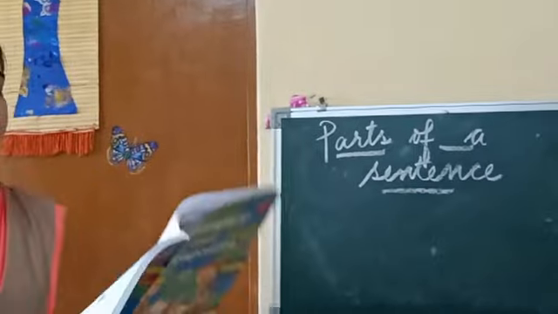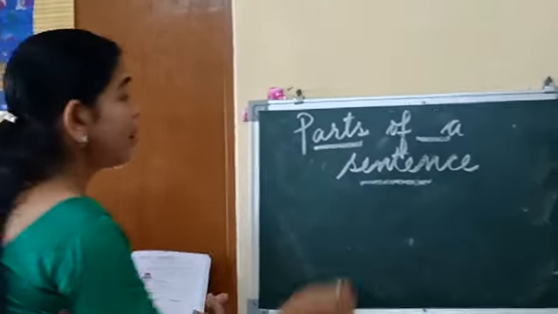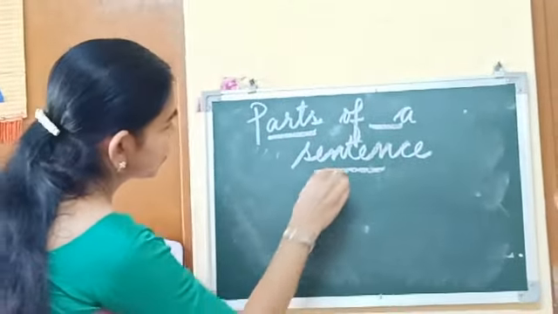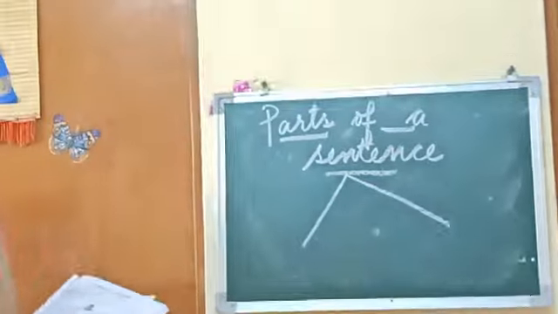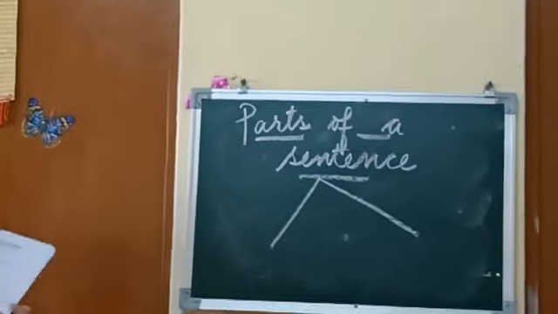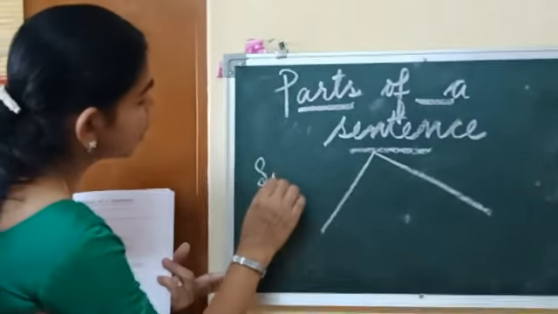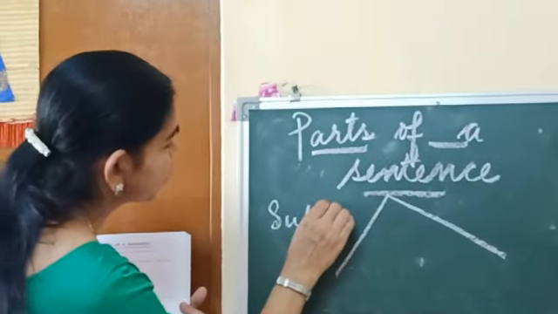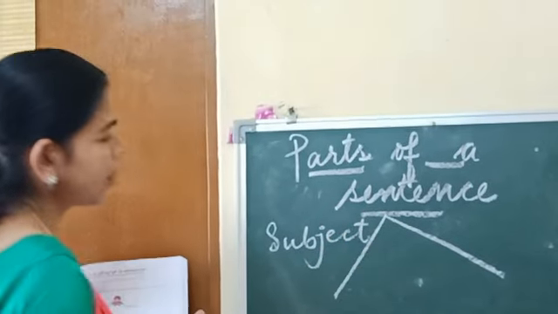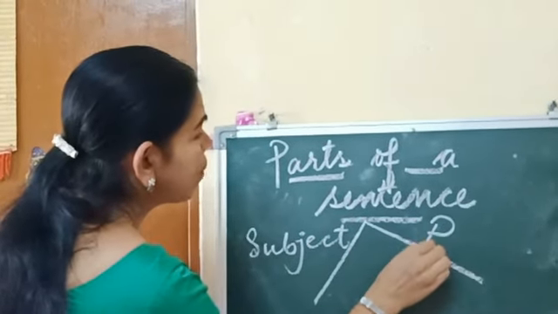A sentence is having two parts. Sentence is divided into two parts, and the first part is known as subject, and the second part is known as predicate.